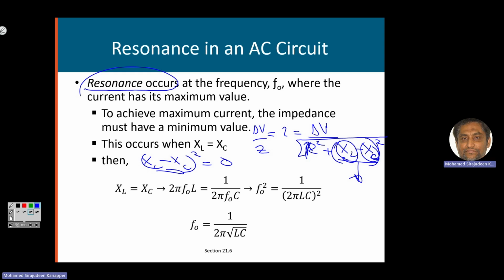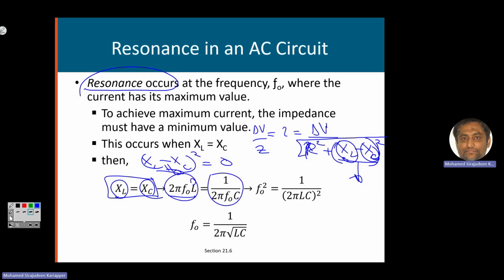That can happen when this is 0. That means it can happen when inductive reactance is equal to the capacitive reactance. Then we have the minimum Z value. So you know the formula for XL, and for XC it is this.